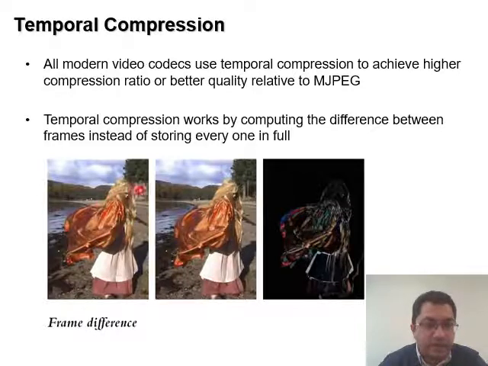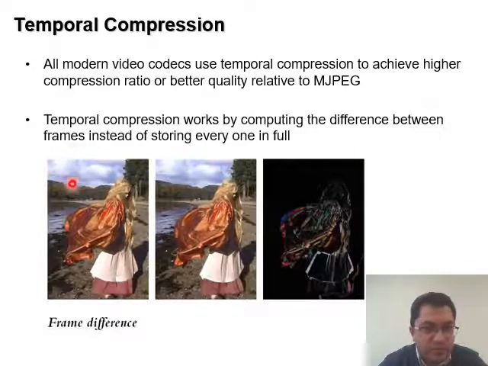Now, if you look at this frame and compare it to this one and compute the difference between them, you're doing just regular subtraction, every pixel minus the previous pixel. This is actually what you will get. So for example, you look at the background here.